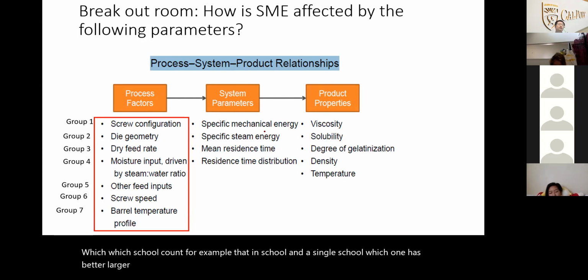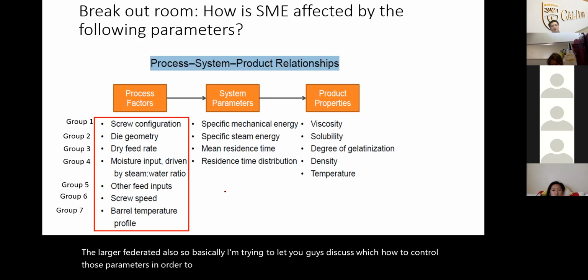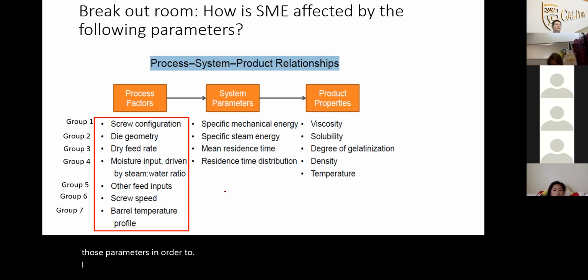For the die geometry, do we want a larger die to increase the SME or a smaller die? And for the feed rate, the larger feed rate. So basically, I'm trying to let you guys discuss how to control those parameters in order to finely tune our SME value.